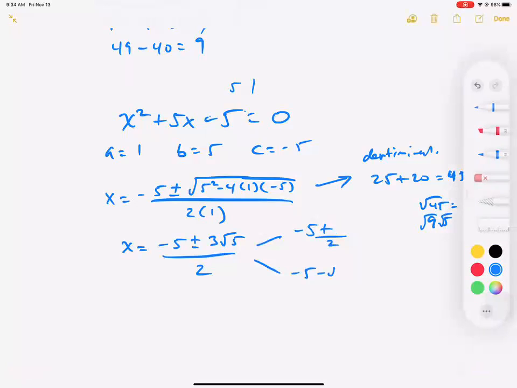Let me erase that. 3 square root of 5, and 3 square root of 5 all over 2. Yes, there are two versions of this. Go ahead and work on the test review, and they'll tell you which type of questions and what they want. Remember, every testing software is a little different. So read the directions and they'll tell you which version they want.